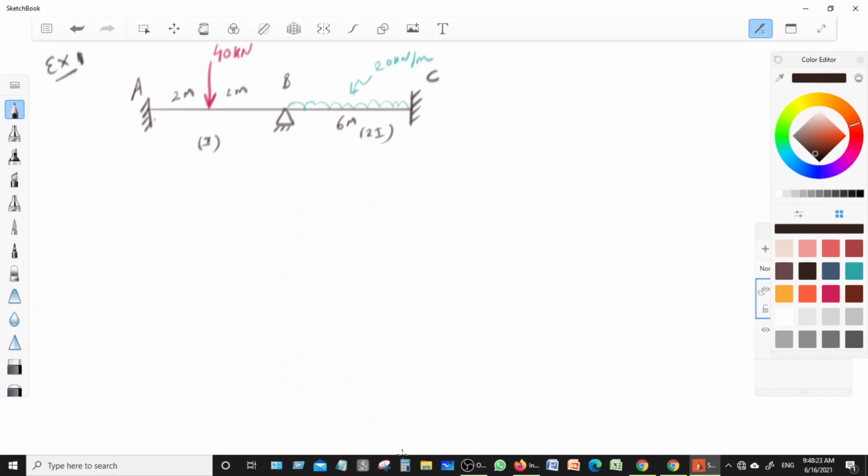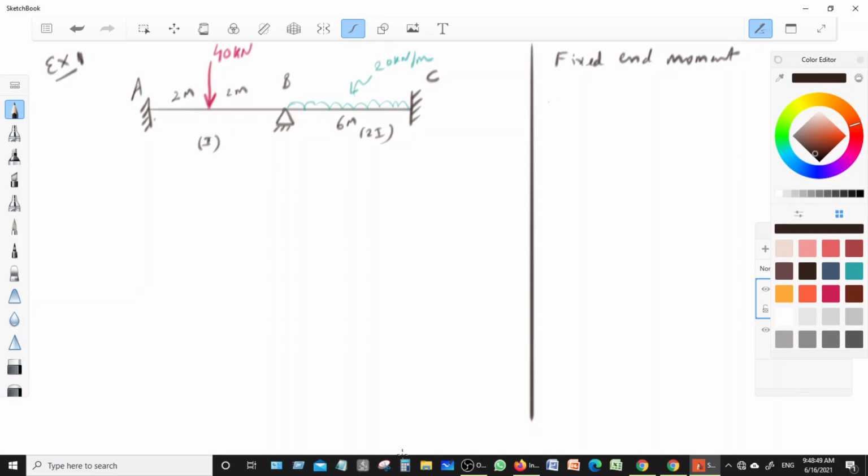So, in that case, first of all, we have to find the moments as fixed end moments. Similar to what we did in the moment distribution method, we find the fixed end moments.